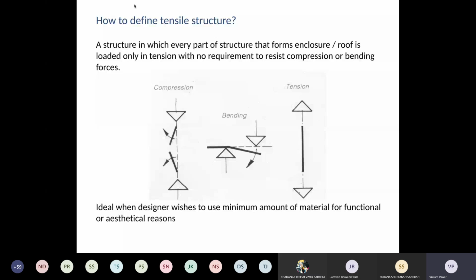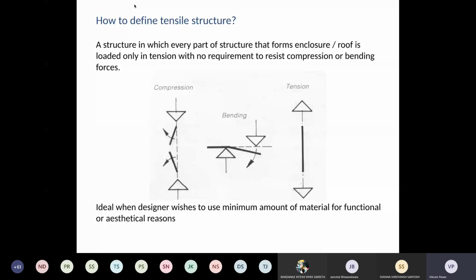But understanding the tensile structure requires a thought process which we have not conditioned you in these many years, in 5 years, 4 years. So what is that? Basically, if we go through this presentation, we'll understand what the fundamental differences are and what is required to be done, even at a conceptual level, in the way we think of the structures.